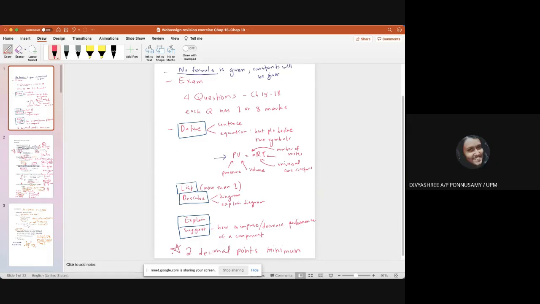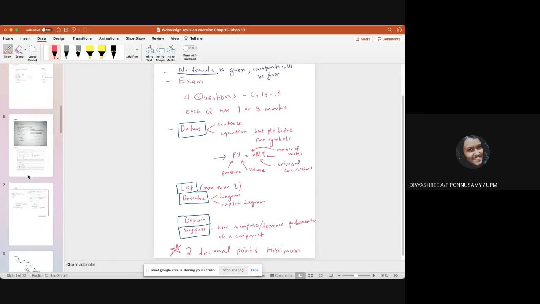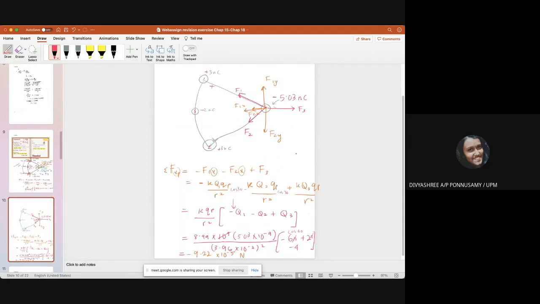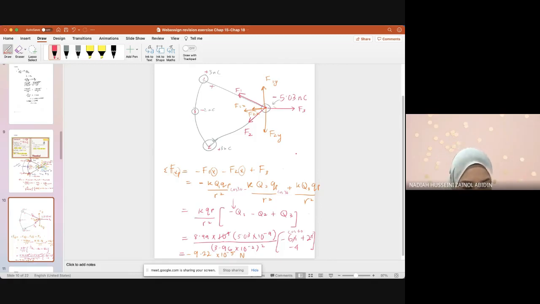And another one is about the angles. I want to ask about angles and direction, but I think for that one we need to look at question number 6, the 6th diagram. Yeah, question number 6 is okay.